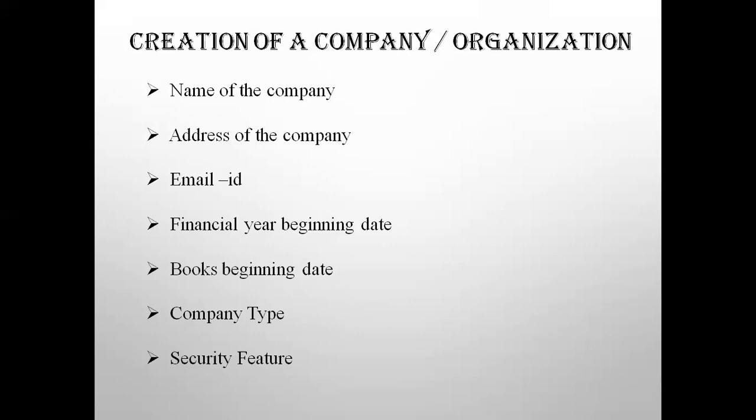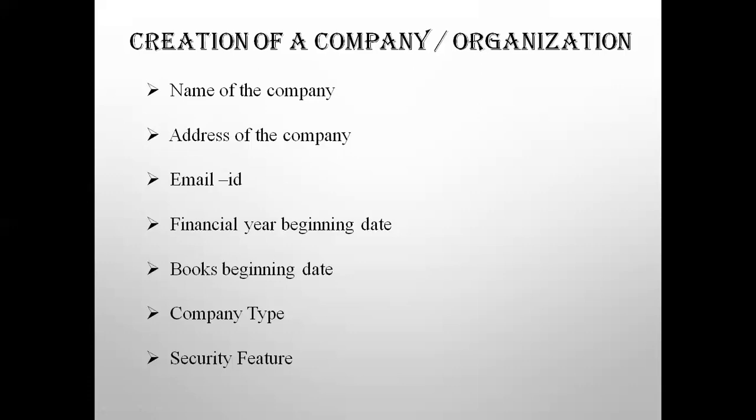So first one is the name of the company. Here you have to enter the name of your organization, then the address of the company, the full address of your organization, then the email ID.